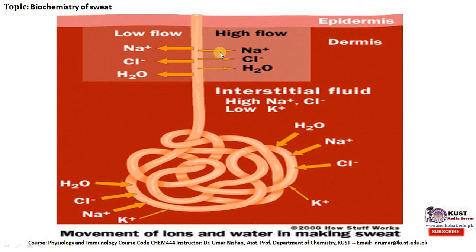So you see the sodium ion, chloride ion in water in lesser amount. So in low flow, see sodium ion, chloride ion in water. This is the dermis region. The interstitial fluids are high in sodium ion, chloride ion, and low in potassium ion.